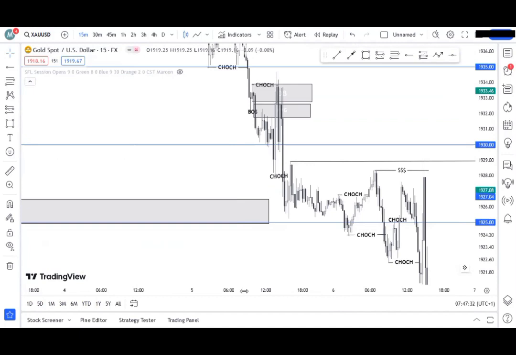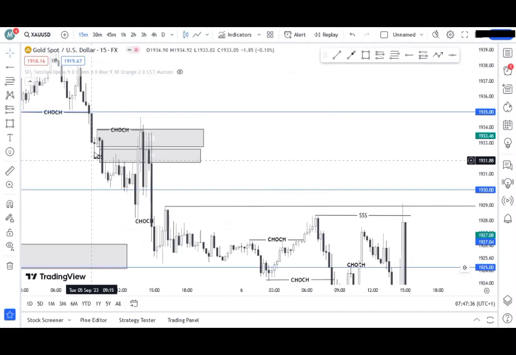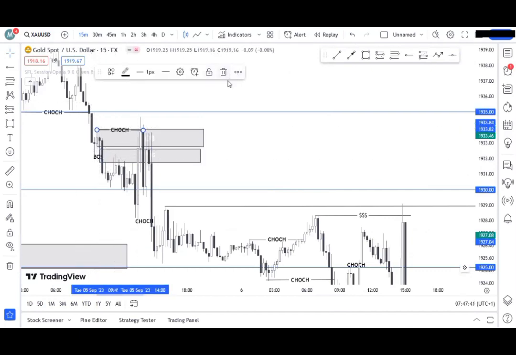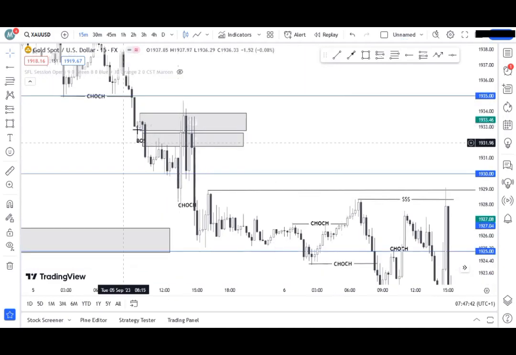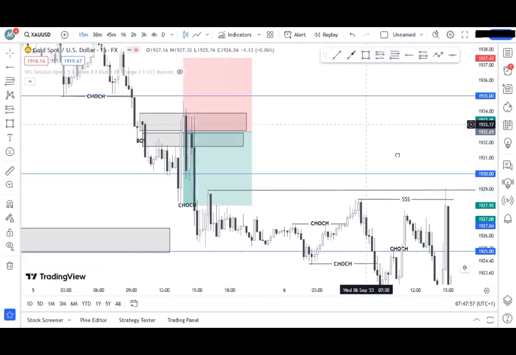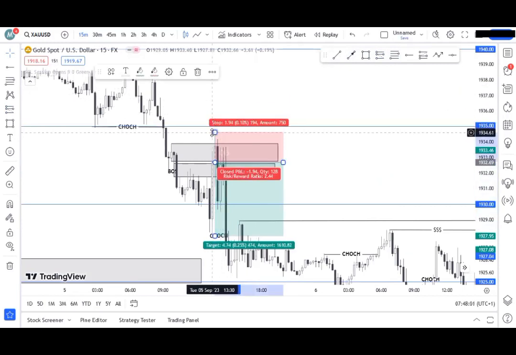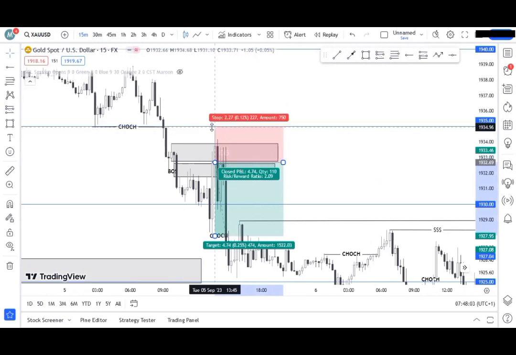So if you see here, there was a break of structure. This order block was gotten from the break of structure. Now, market gave us that break of structure, tapped into the order block. Here we would have gotten stopped out because I like to keep a tight stop loss, not very tight, but a reasonably tight stop loss. I probably would have done 200 pips.